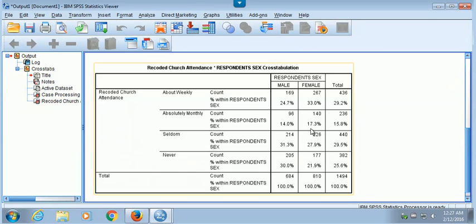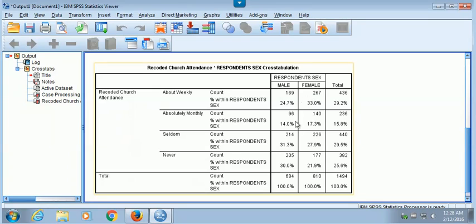If you look at monthly, that drops down to about 3%. If you look at seldom, you see more males are seldom going to church than women. And if you also look at never, there's a substantial number more men than women. So if you compare these percentages across the columns, you can see generally women are more likely to go to church often, and men are more likely to go seldom or never.